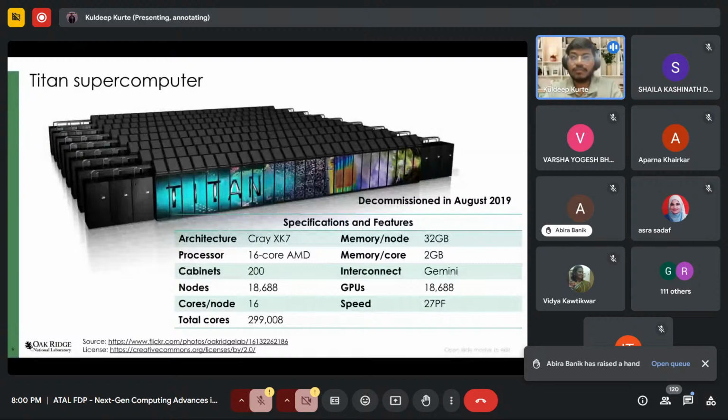The GPU was an NVIDIA K20 card. So altogether, there were a total of about 18,600 GPUs. That was a huge computation power available in place.